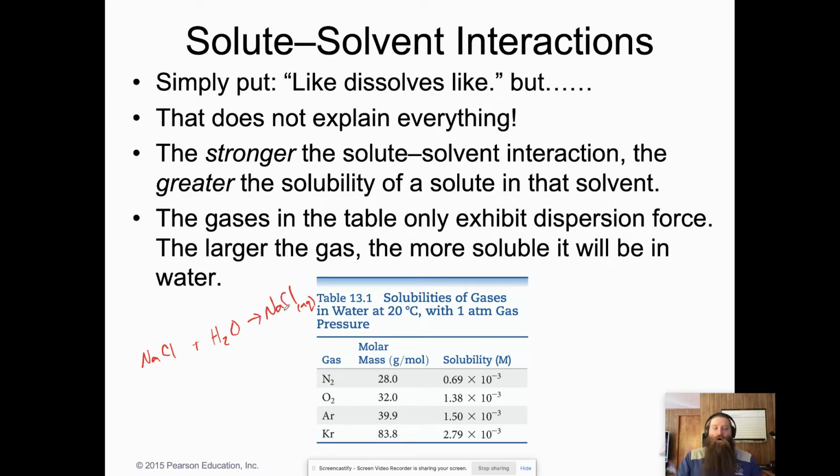So I can definitely dissolve those two things there. And it will be at equilibrium. When I'm thinking about that, well, I have an ion dipole interaction going on here, which is super strong. And so I would expect salt to be pretty soluble in water. All right, so that's the like dissolves like examination that we're looking at there.